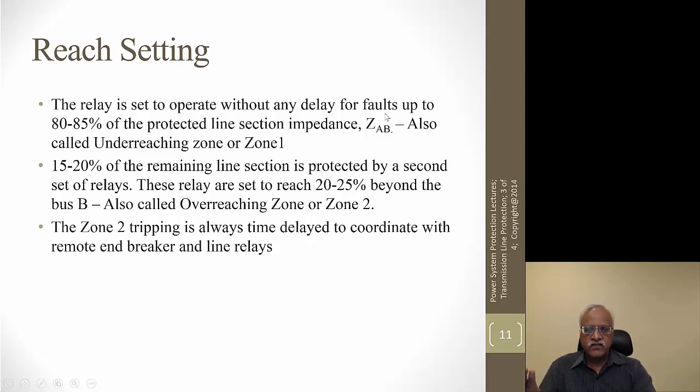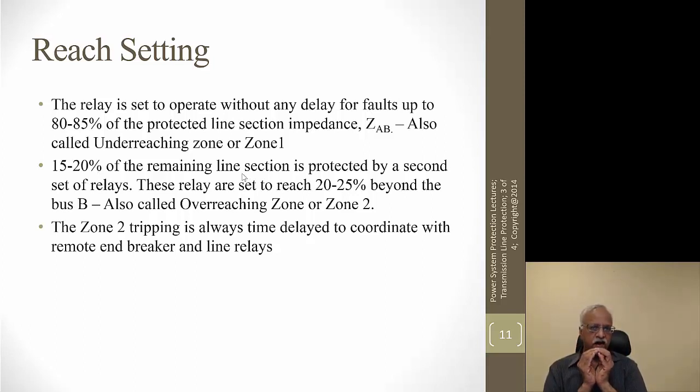This is called zone 1 in relay terminology, or also an underreaching zone, because you're setting the relay to a value less than 100% of the line section. So it is not reaching fully, it is underreaching this line section by 15% if you take this example of 85%.